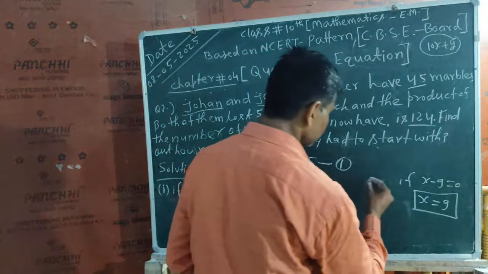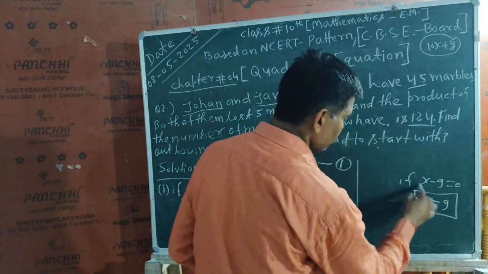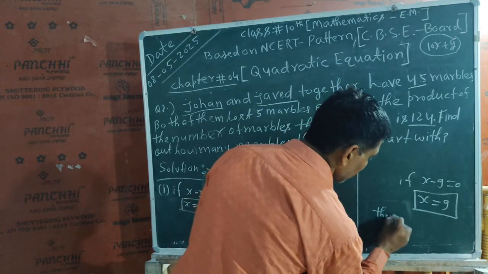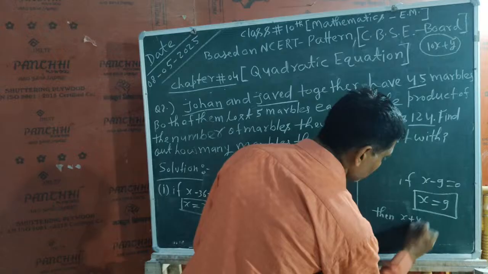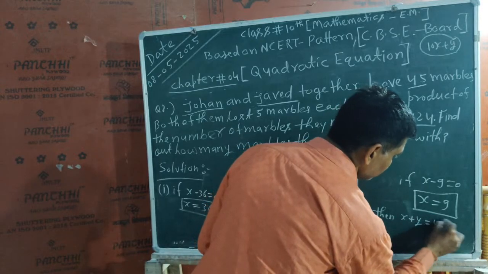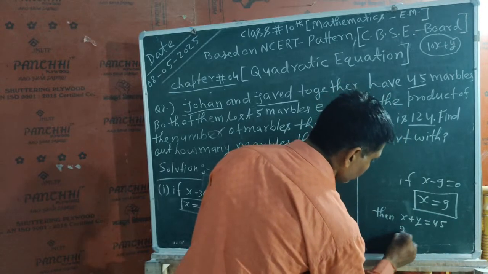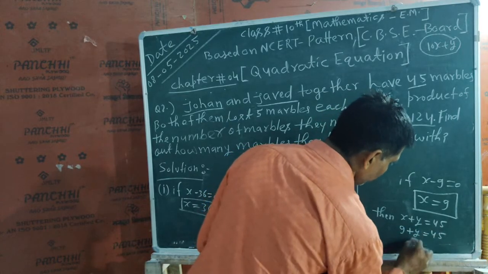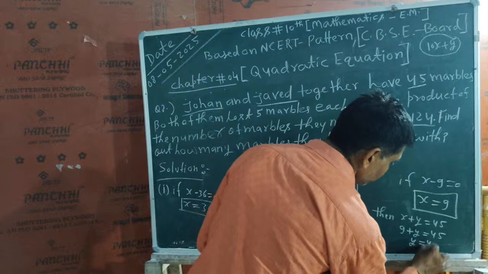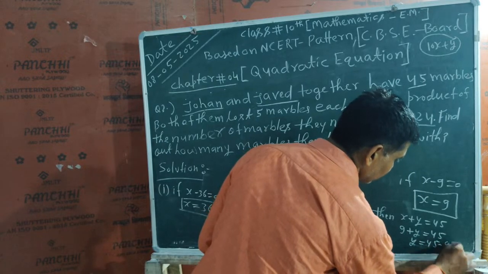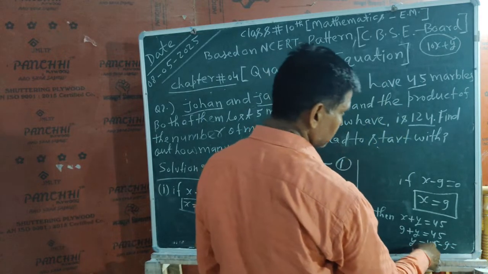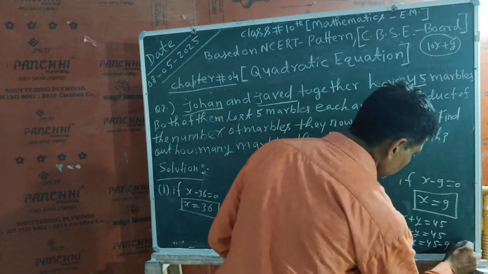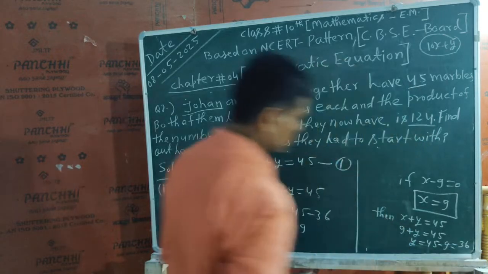If here I will say if x is equal to 9, then I will say x plus y is equal to 45, that is given in the question. Here I will put the value of x as 9, so here I will get the value of y. y is equal to 45 minus 9, that is equal to 36.